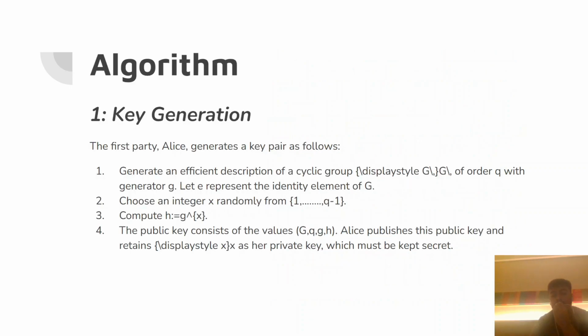Let's go to the first part of the algorithm, which is the key generation. So let's say the first party, Alice, generates a key pair as follows.